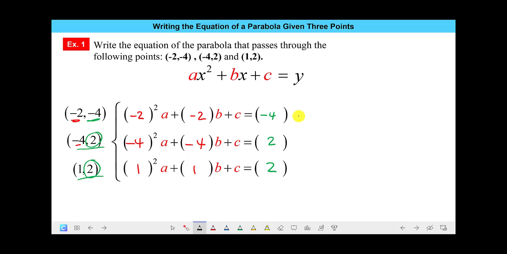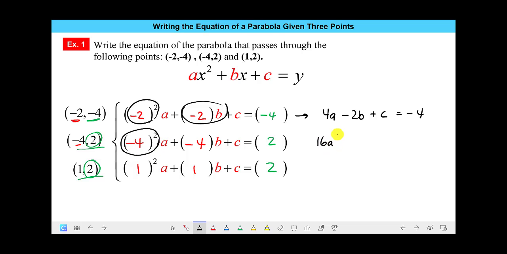Now I'm just going to rewrite this, clean this up a little bit. So that's just going to be 4a, -2b plus c equals -4. Then I'm going to do the same thing here. That's going to be 16a, and notice that -4b, so -4b plus c equals 2. I love it.